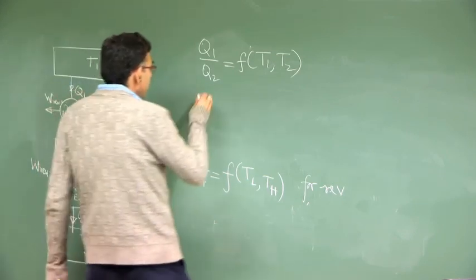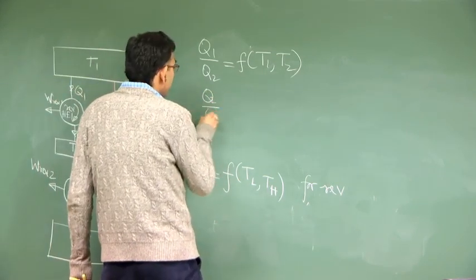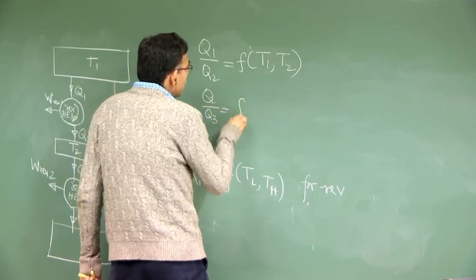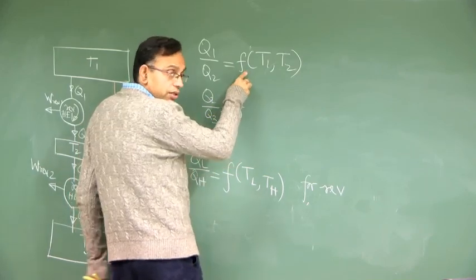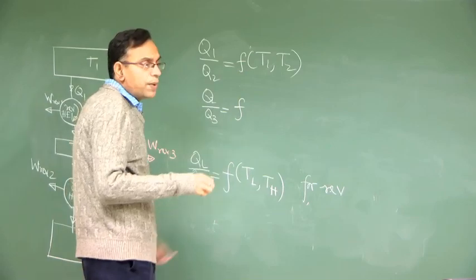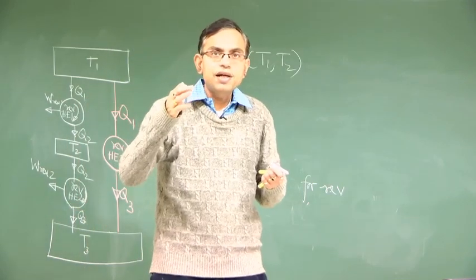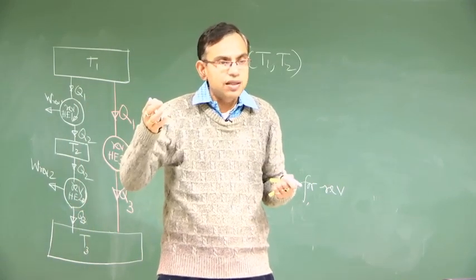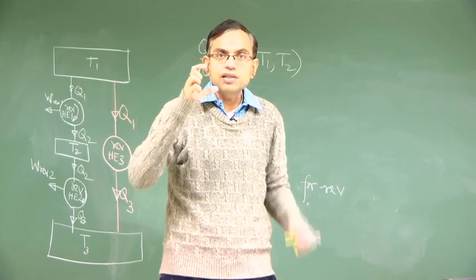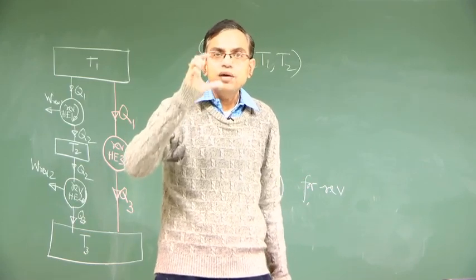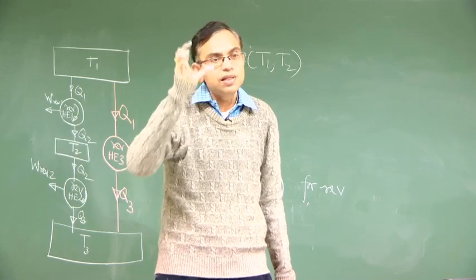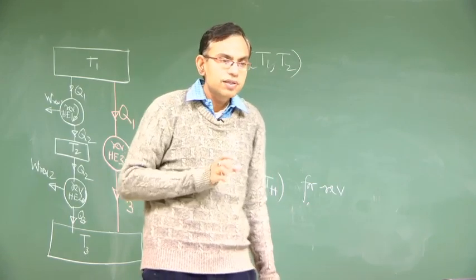Then similarly, Q2 by Q3 is the same function, very important, because operating between the same two temperature limits, the efficiency of all reversible cycles are equal. That means the functional dependence of the efficiency with the temperature limits is the same for all reversible cycles.